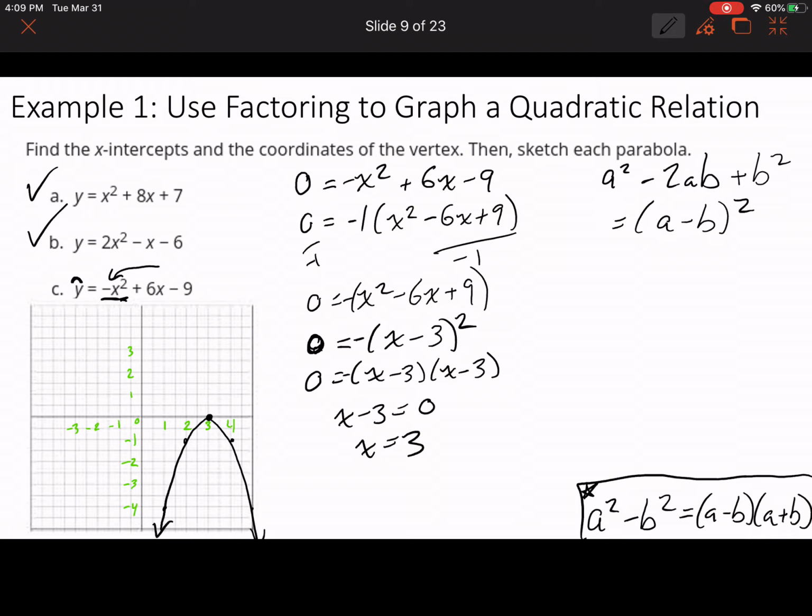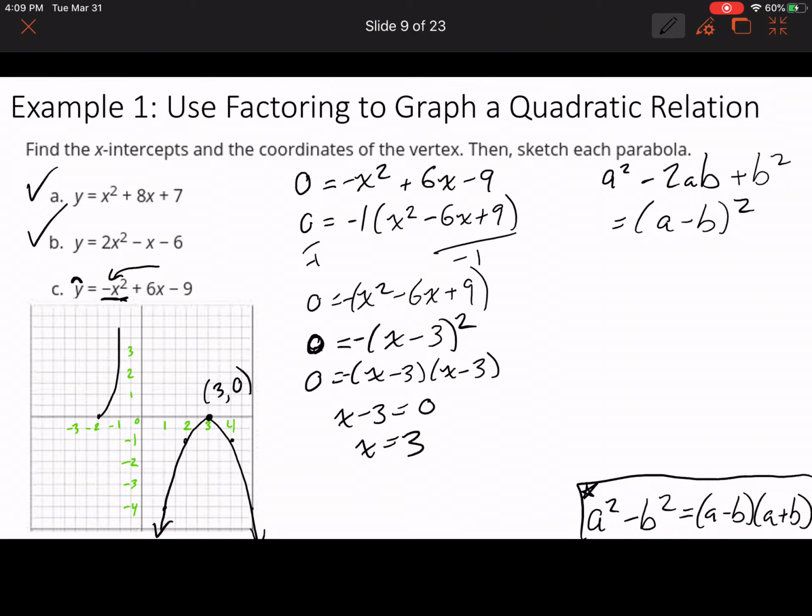So, coordinate of the vertex. Because we know that the vertex is on the x-axis, we already know that it's going to be 3 and 0. We don't need to do anything else to figure that out because it only hits once. There's 2 options when we have 1.